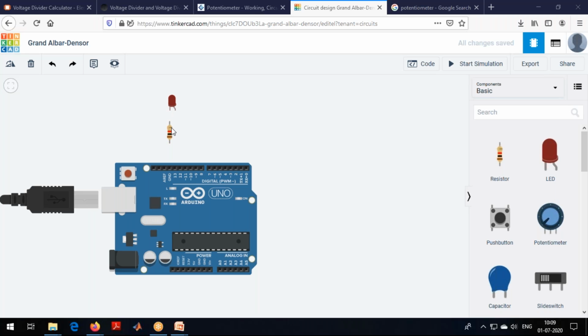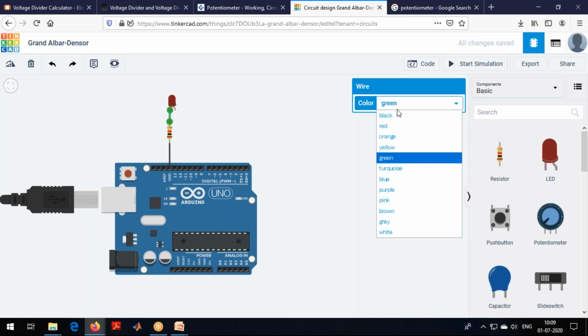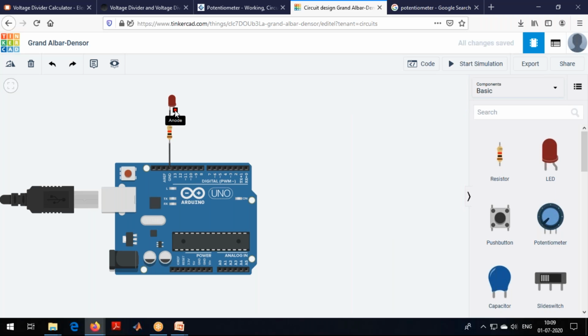Instead of directly connecting to ground, I'll try connecting with one resistor, and I want to make the ground connection black. In general we will be using black for negative connections, and this one you should connect to positive.